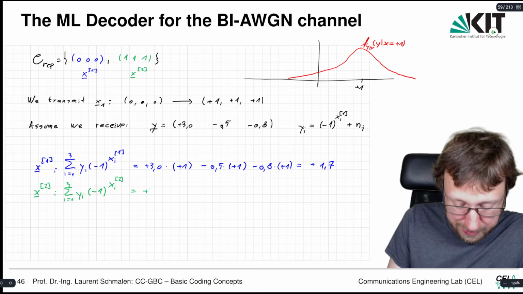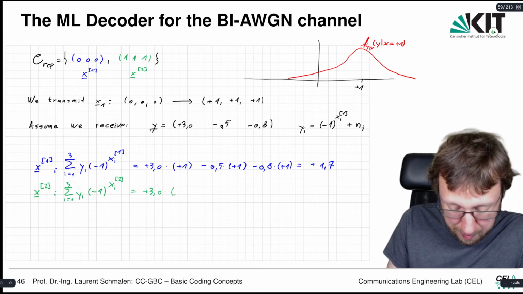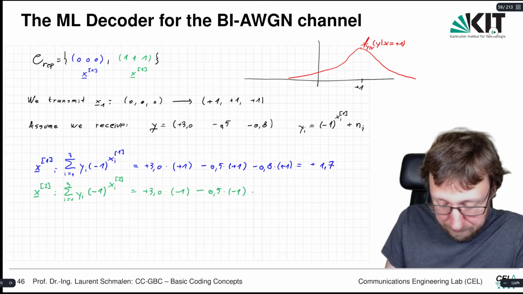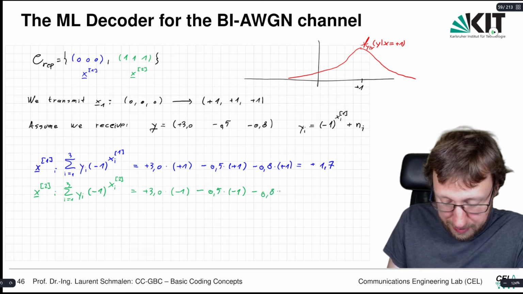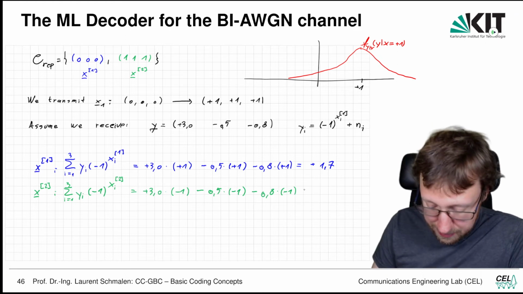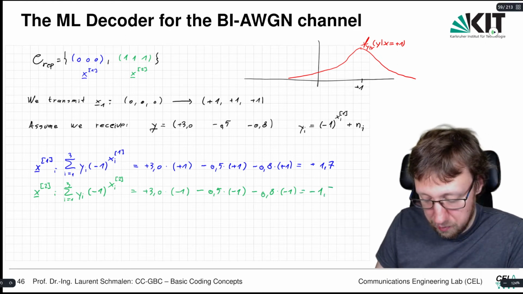This is equal to +3.0 times +1, minus 0.5 times +1, minus 0.8 times +1, and this is equal to +1.7. Then we do the same for x2. We calculate the sum from 1 to 3 over yi times (-1)^(xi2). This is equal to +3.0 times -1, minus 0.5 times -1, minus 0.8 times -1, and this is equal to -1.7.